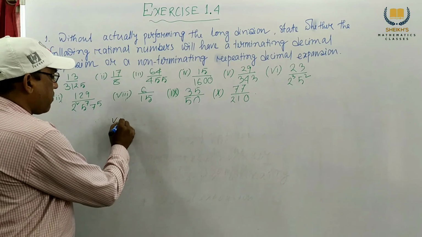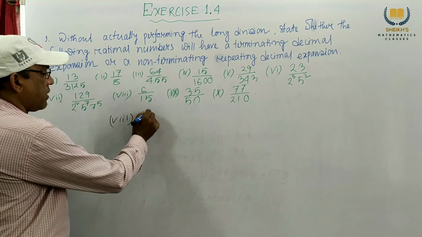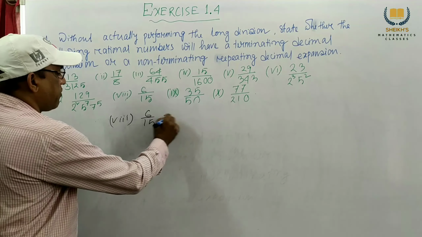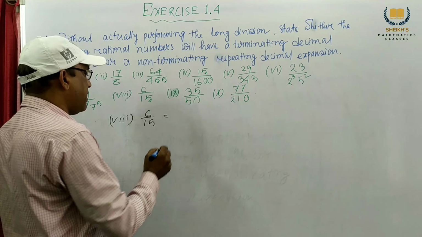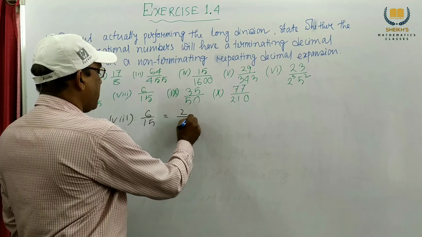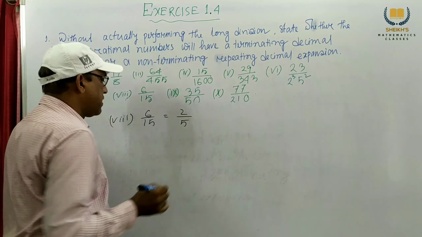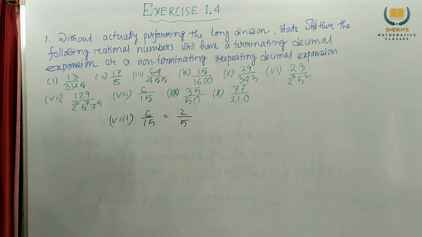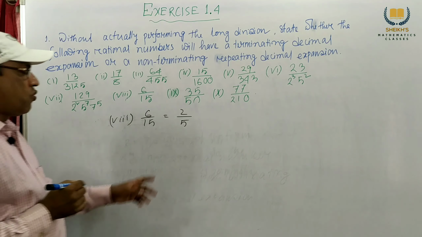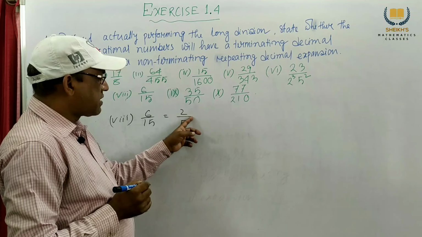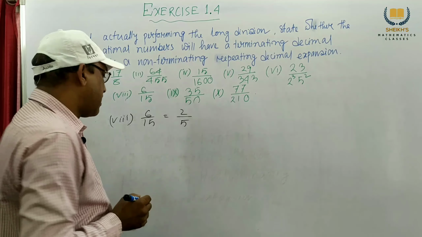Consider problem number 8. 6 by 15, if we cancel by 3, then we get 2 by 5. 3 2s are 6. So 2 by 5, denominator is 5. So obviously this is terminating.